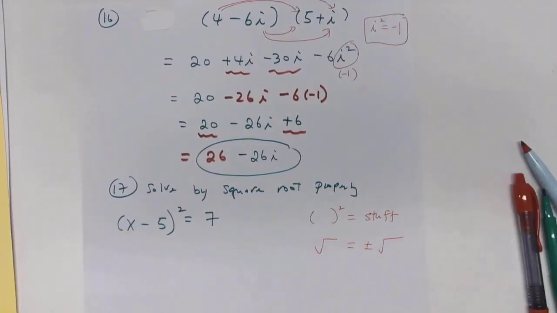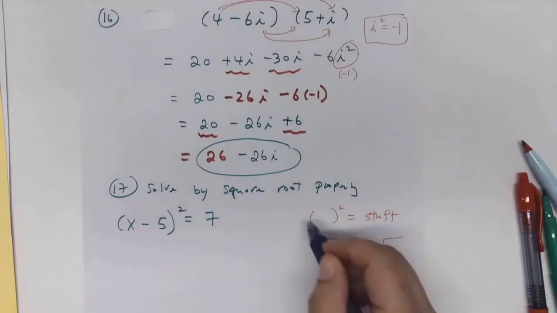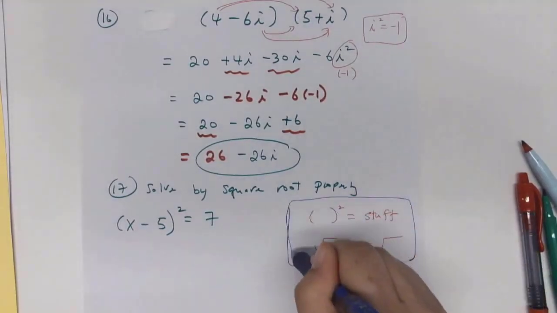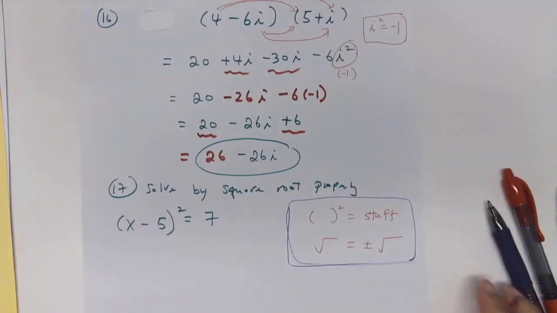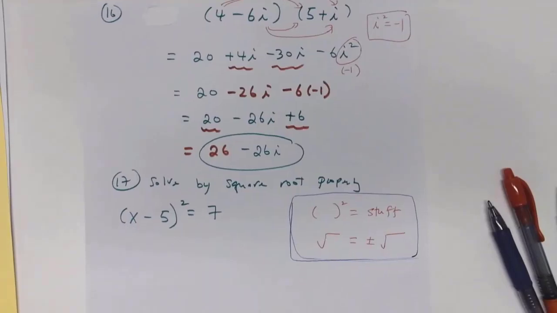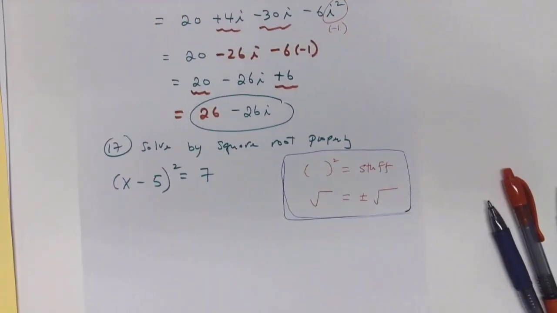The right hand side comes with plus and minus. So this is what they are trying to ask you to use. If you have a perfect square on one side, you take the square root of both sides. Right hand side comes with plus and minus.